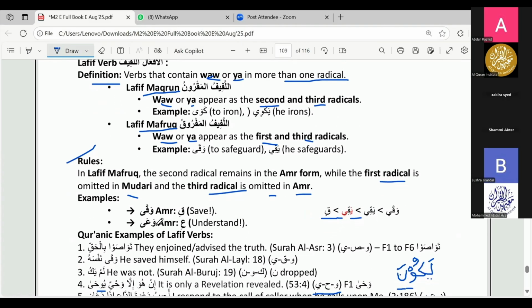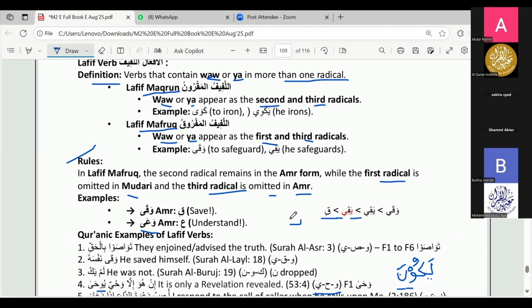And then also another example, wa, a, ya. So these are the root letters, wa, a, ya, where when it is in amr form, it is ya, I, you. And then wa and ya, sorry, the ya of the mudari. So let me write it down. My handwriting is not very good. Try inshallah.